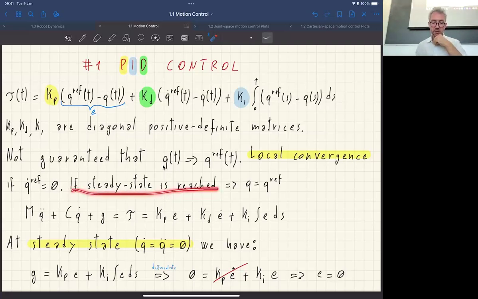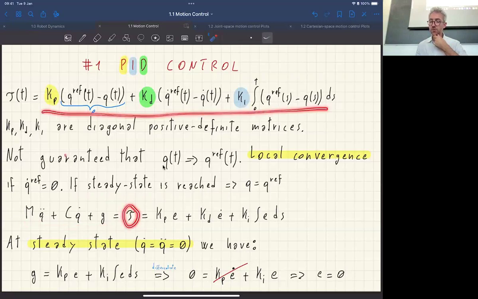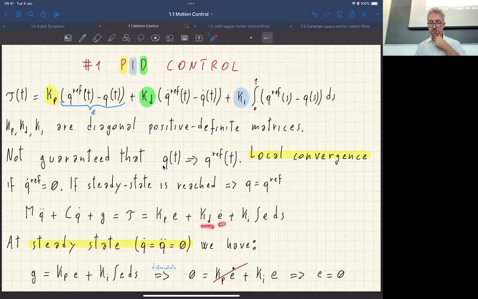How can we say that? That is actually very simple to show, because if we write the dynamics of the system here, so M(q) q double dot plus C(q, q dot) q dot plus g equal tau, and then we know that tau is going to be equal to this controller. So tau is equal to Kp times my tracking error plus Kd times my velocity error plus Ki times the integral of the error.